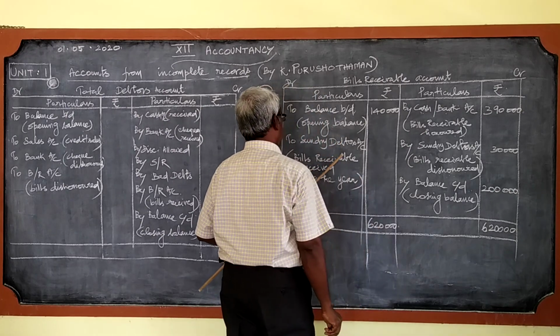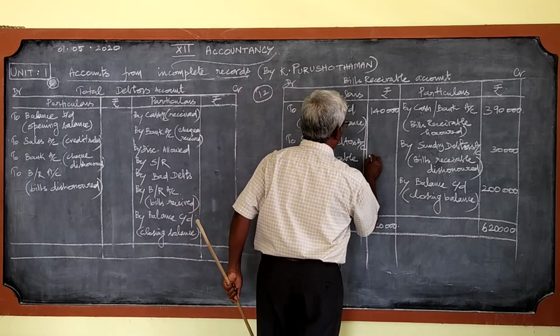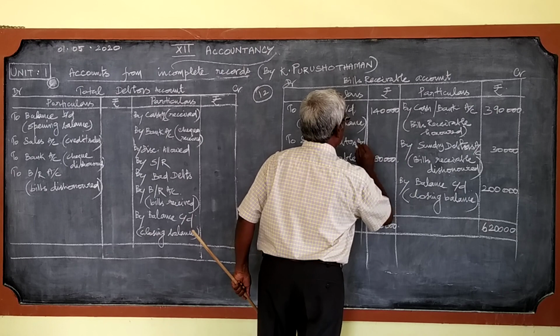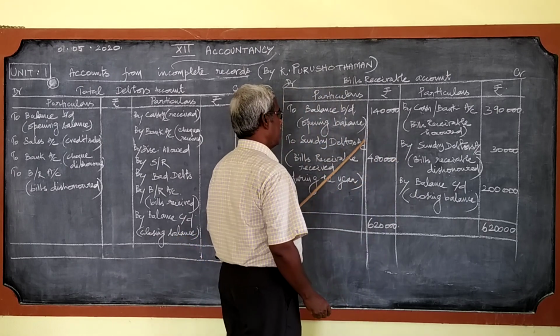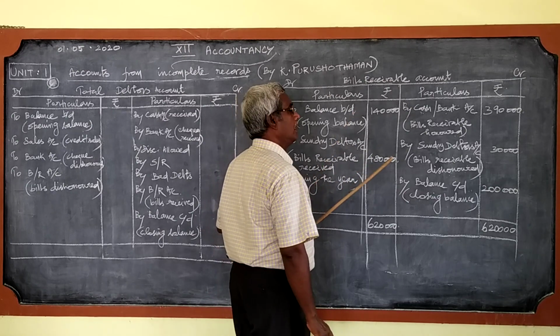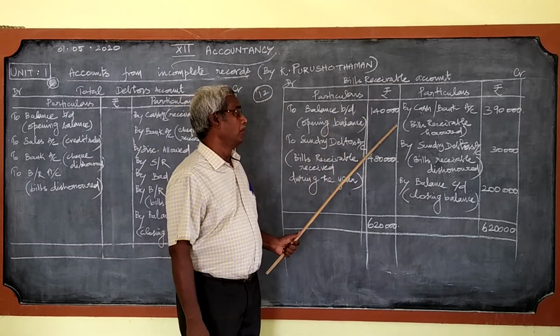That is the sundry debtors, bills receivable received. What is that? 4,80,000. 4,80,000 is the balancing figure. So that will be the bills receivable received, which we are supposed to find for this problem.